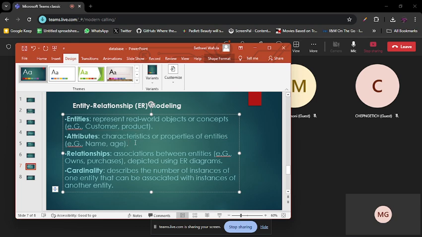So attributes are the characteristics or properties of entities. For example, a customer has certain attributes like age, name, etc. There's also a relationship between the entities, which is depicted in an ER diagram. Cardinality describes the number of instances of one entity that can be associated with instances of another entity.